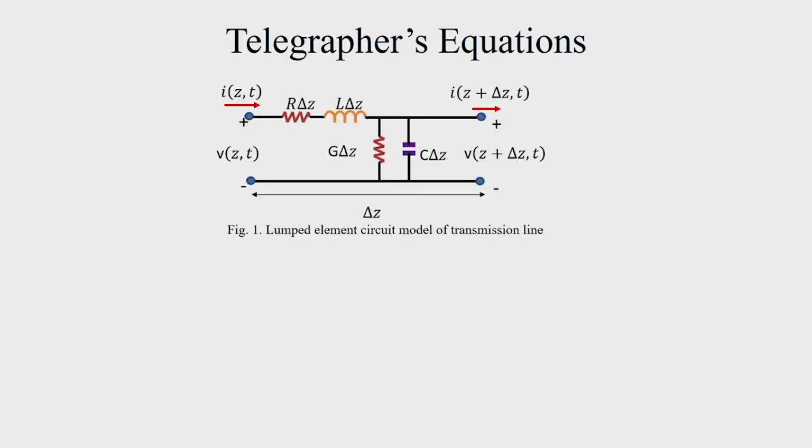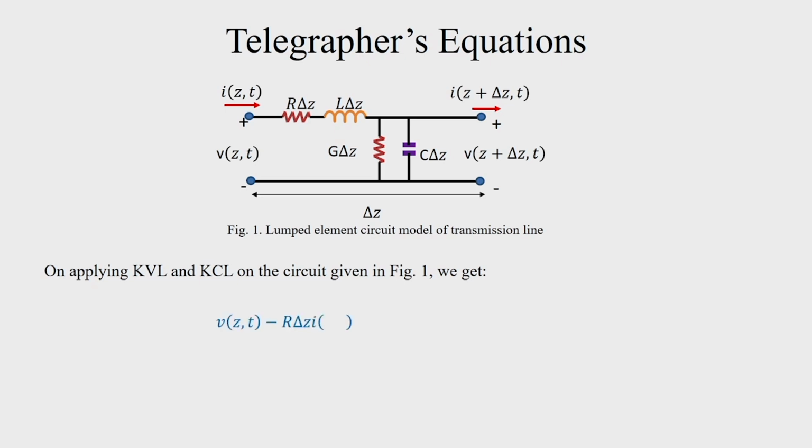So, we start with telegrapher's equations, how we develop these equations. We have seen that the lumped element circuit model of a short section of transmission line can be represented by the equivalent circuit as shown here. If we apply Kirchhoff's voltage law and current law on this circuit, then we get a set of equations relating the current and voltage on the line.